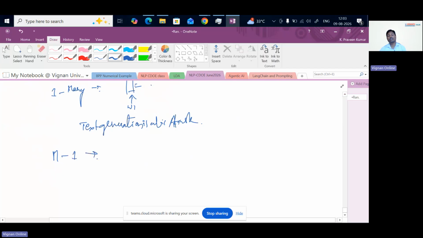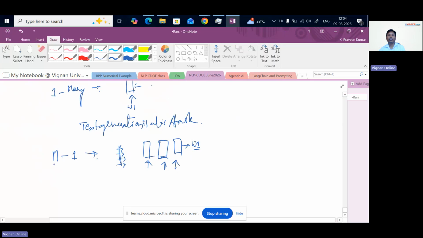Many to one means you give multiple things, and all these multiple things help to predict only a single word.